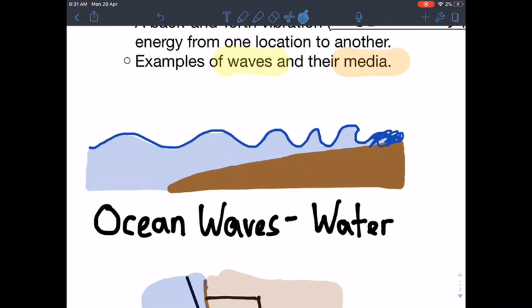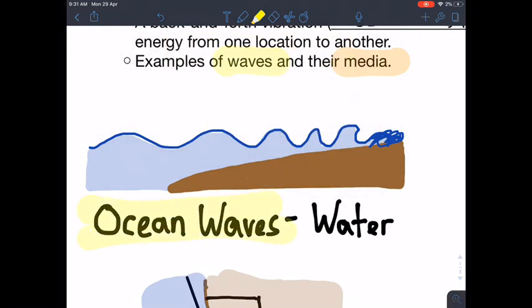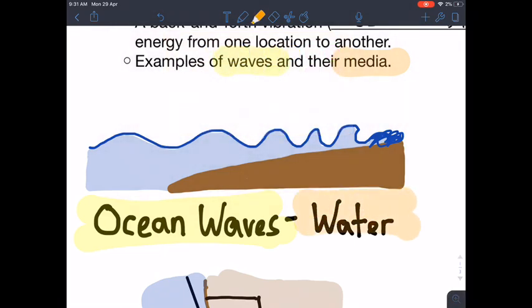So here we're looking at ocean waves. Ocean waves are the type of wave, and the medium, the material the wave is traveling through, is water. The definition of a wave says that there is a back and forth oscillation of a medium that transfers energy.